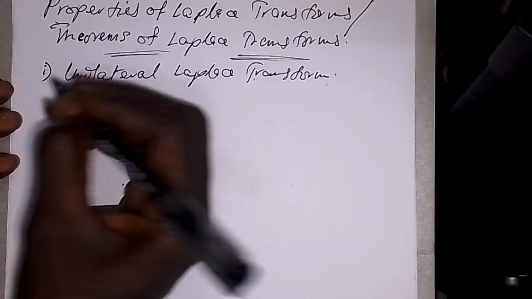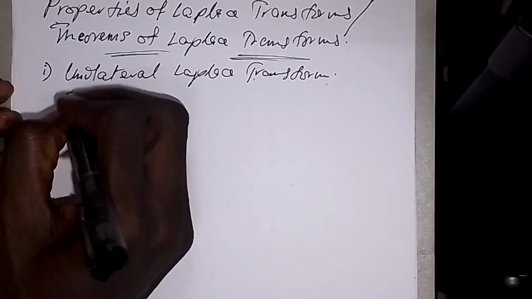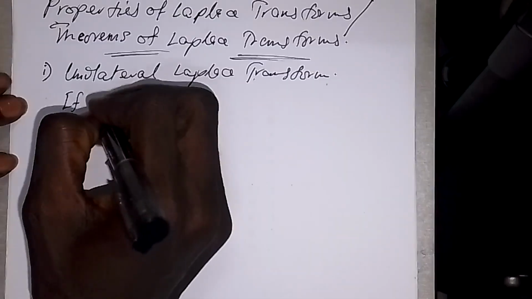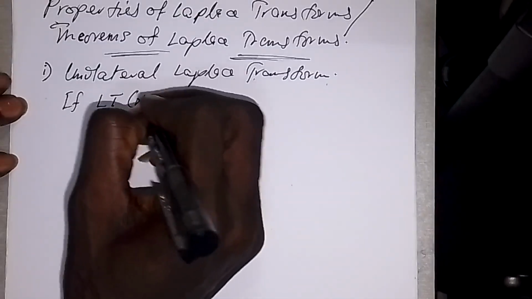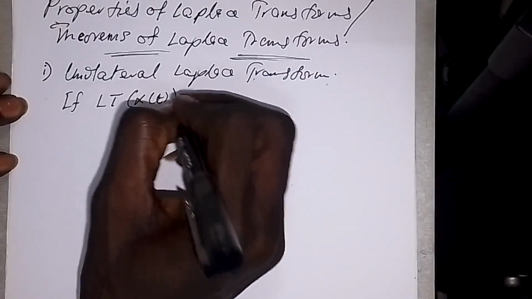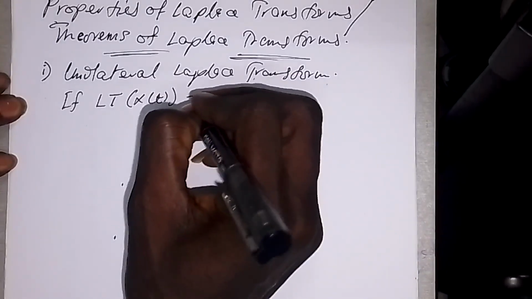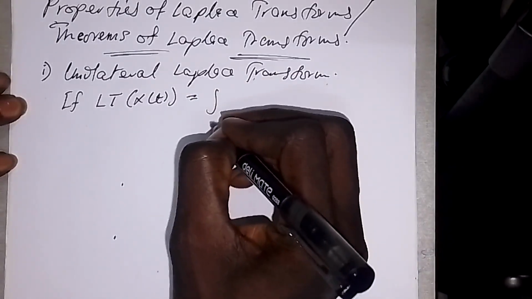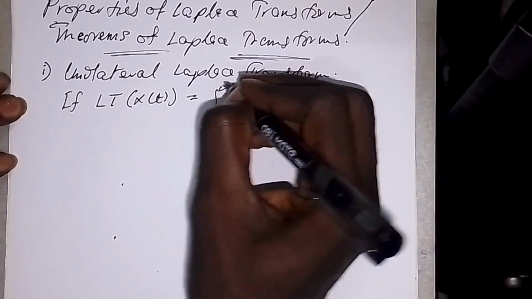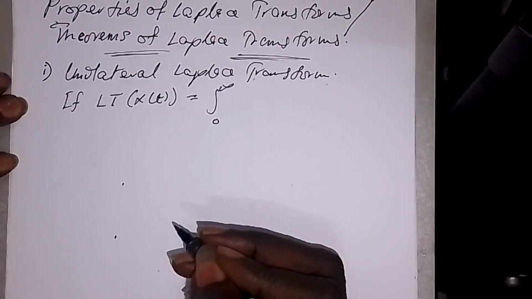Here, if you have the Laplace transform of x of t, this one is called unilateral. Remember, we have the unilateral Laplace transform, and then we have the bilateral Laplace transform, which is the one we first started with.